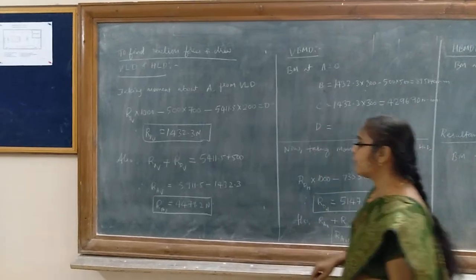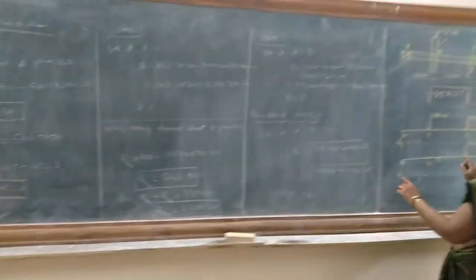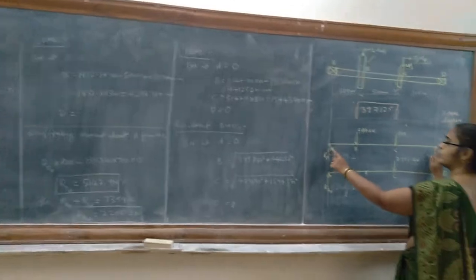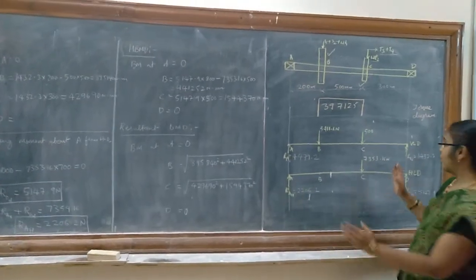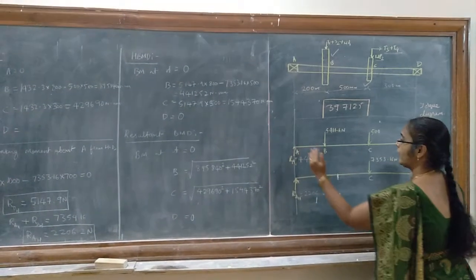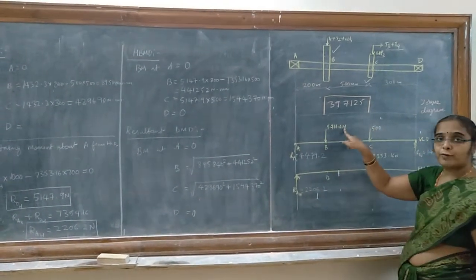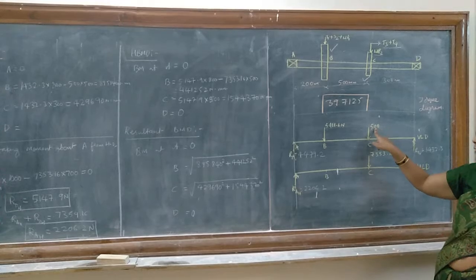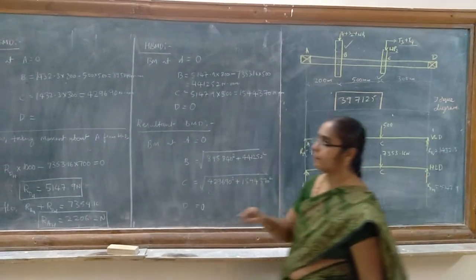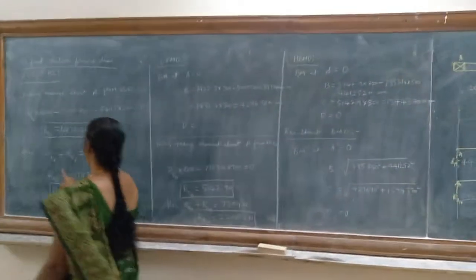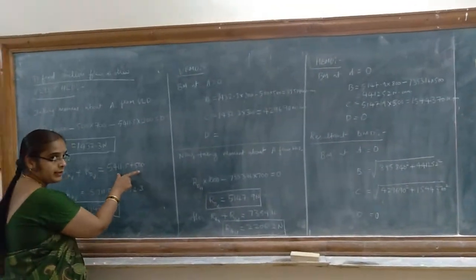Now we also know that the summation of upward forces must always equal the summation of downward forces. The upward forces are RAV and RDV, and the downward forces are 5411.6 and 500. So RAV plus RDV is equal to this much.